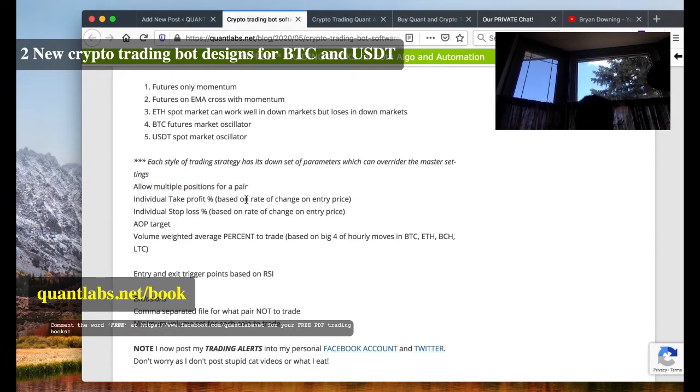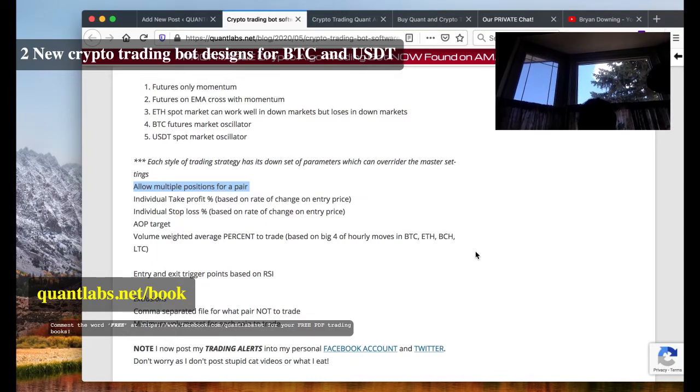If you limit one position per pair until that position's closed, you're limiting your bot when the markets go crazy moving up. What this parameter will allow you to do is to allow multiple positions to be open based upon the entries, and allow multiple entries to take place for that particular pair when the markets allow, meaning the markets are in an up market.